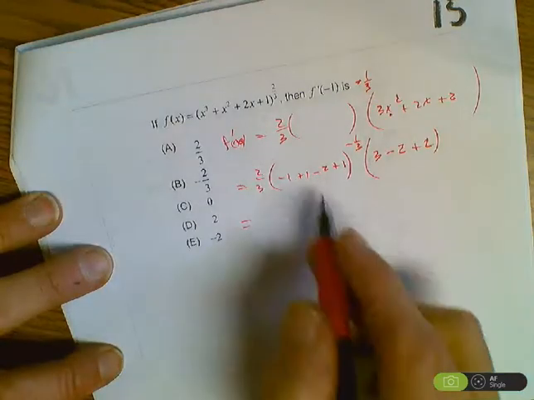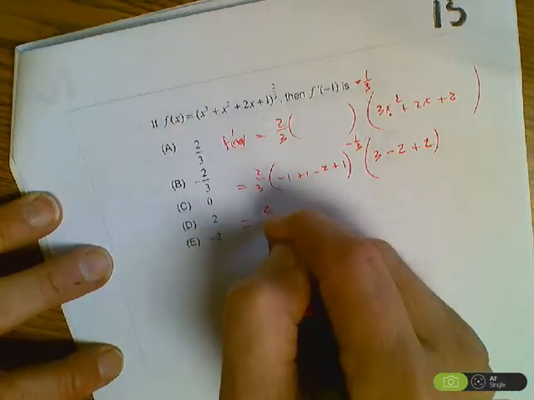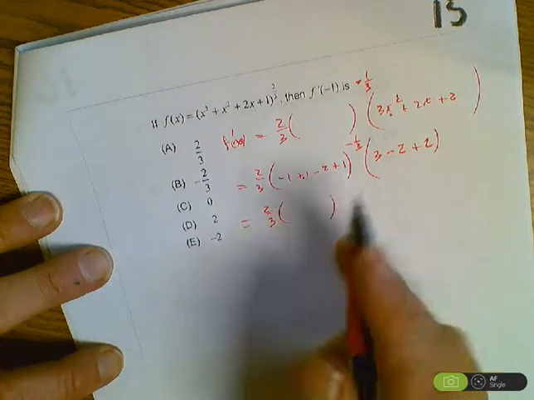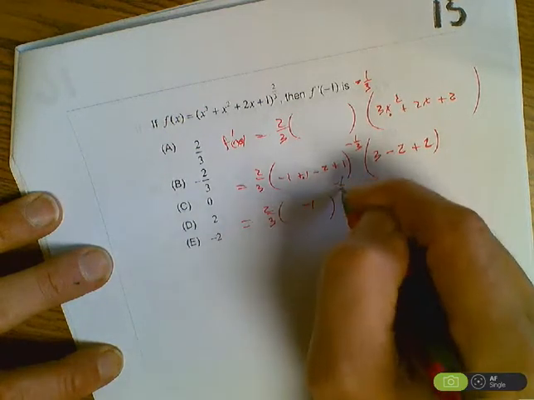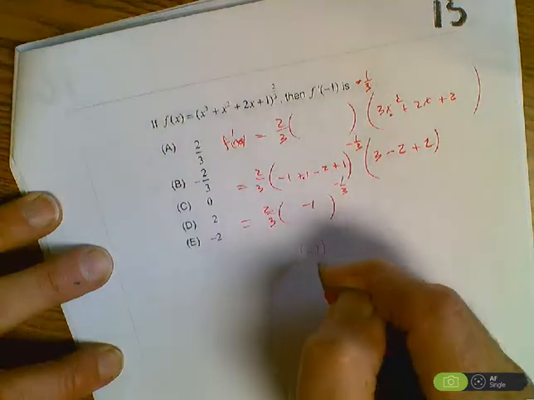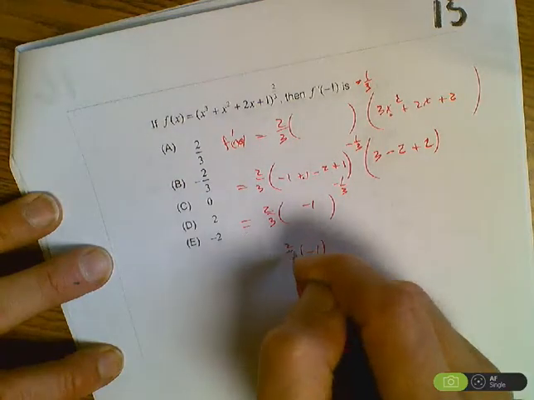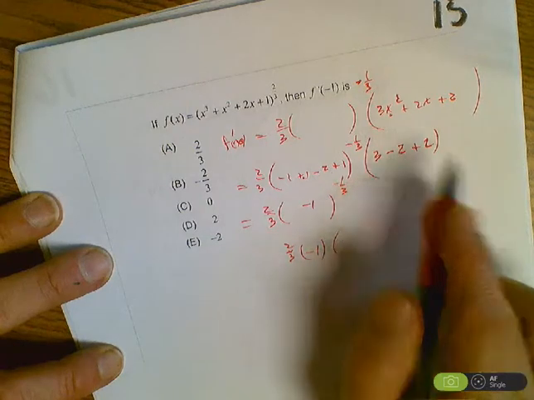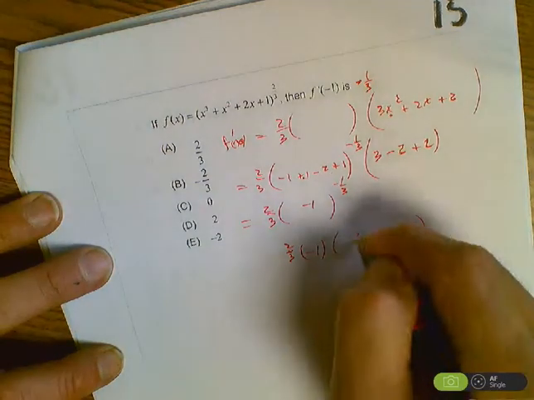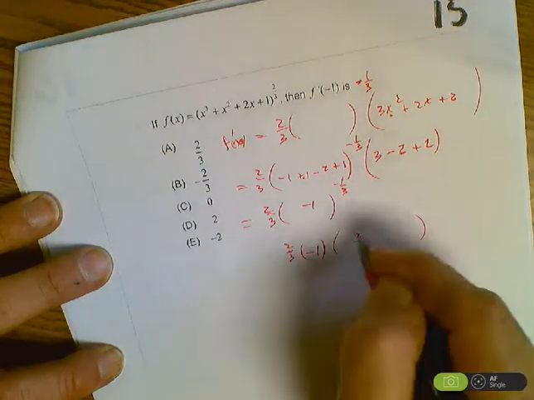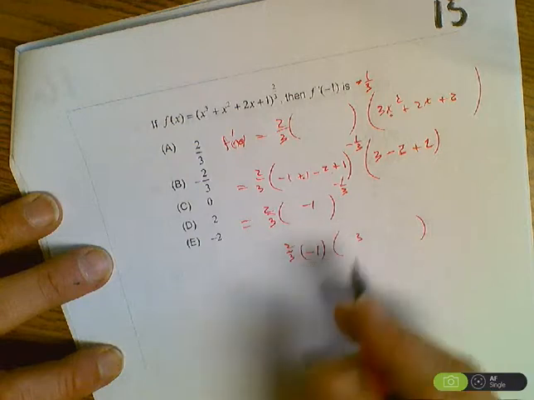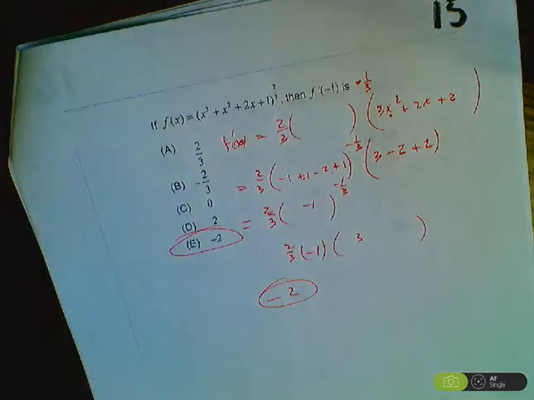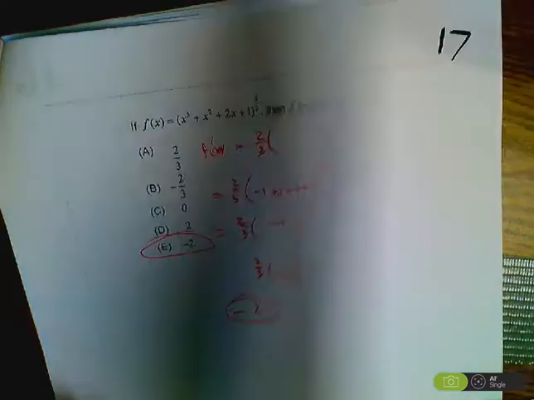So now what do we got? 2/3 times this group, that's a 0, that's a negative 1 to the negative 1/3. I think that's negative 1. This is 2/3. Then what do we have here? 3 minus 2 is 1, plus 2 is 3. 3 times 2/3 is 2. 2 times negative 1 is negative 2. I'm looking for a negative 2 answer. Negative 2. Okay. Problem 16.